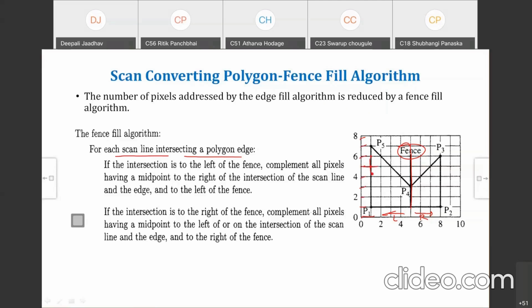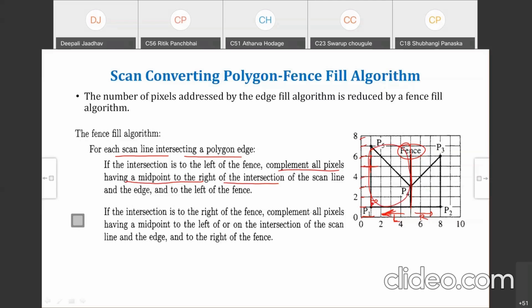If the intersection is to the left of the fence, complement all the pixels having the midpoint to the right of the intersection of the scan line and to the left of the fence. So complement all these pixels which are on the left of the fence and right of the scan line.